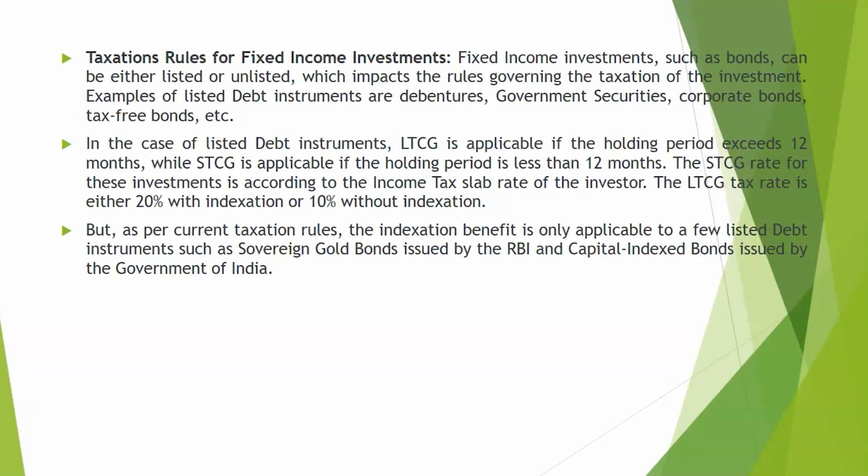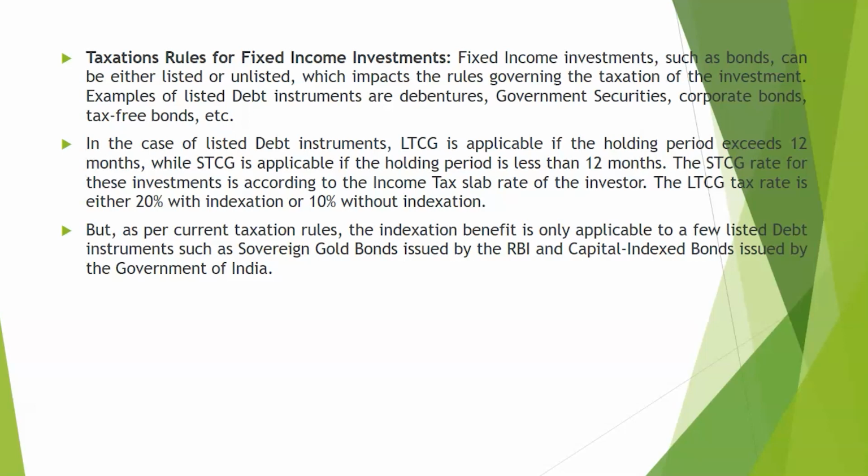In the case of listed debt instruments, LTCG is applicable if the holding period exceeds 12 months, while STCG is applicable if the holding period is less than 12 months. The STCG rate for these investments is according to the income tax slab rate of the investor.